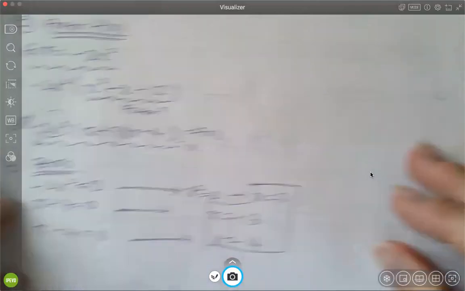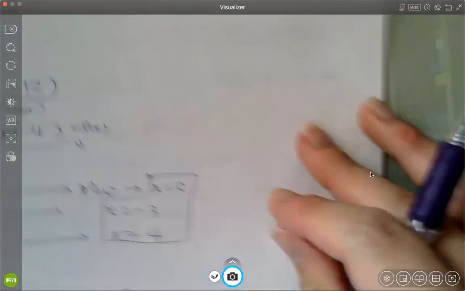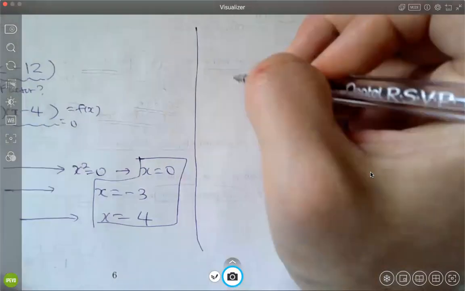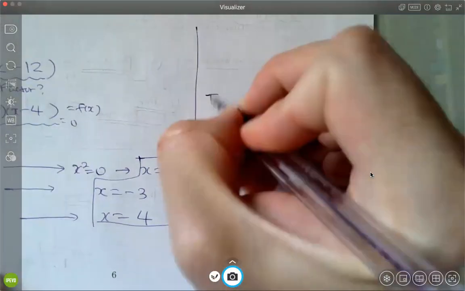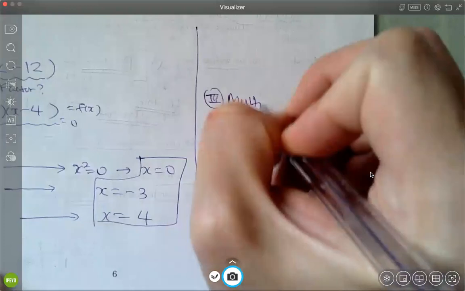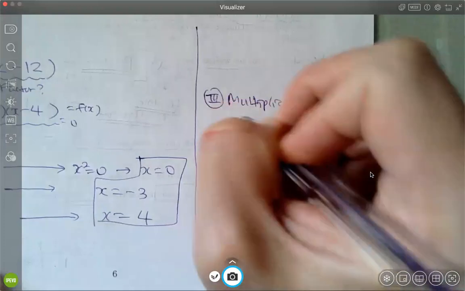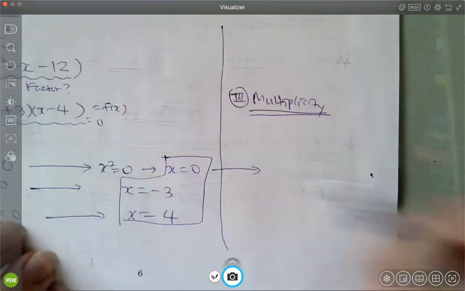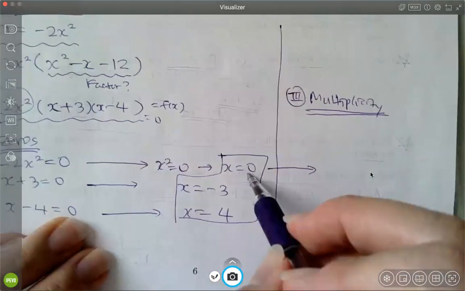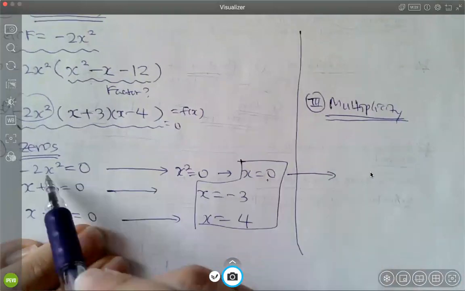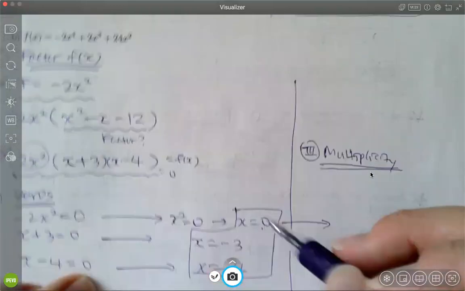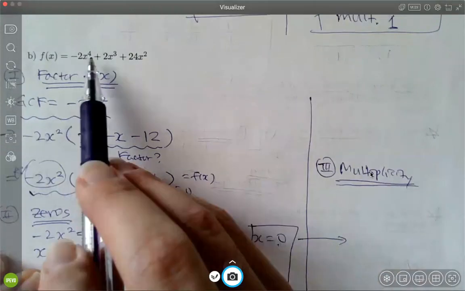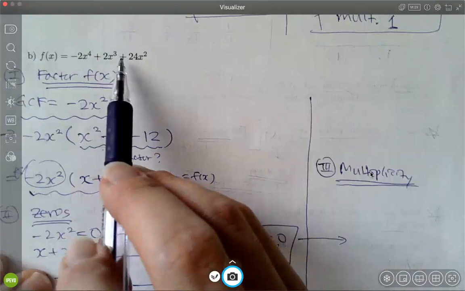Now what is each multiplicity? So what is the multiplicity of 0? 0 came from negative 2x squared. Again, be careful. The multiplicity of 0 is not 4, or 3, or even this 2.